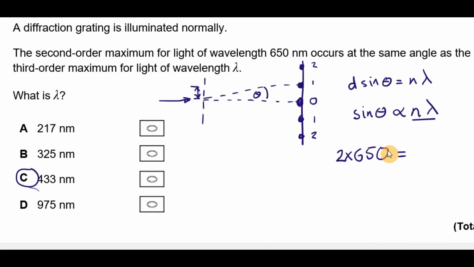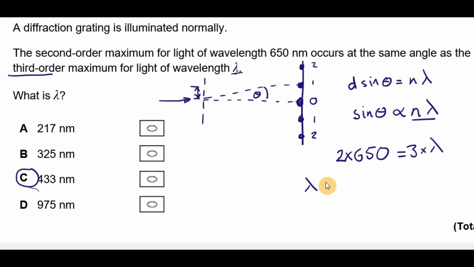And that product, that value there, must be the same when we change the wavelength of light, because it gives the same angle. Therefore, sine theta must be the same. So that 2 times 650 nanometers must be equal to the third order multiplied by this as yet unknown value lambda.